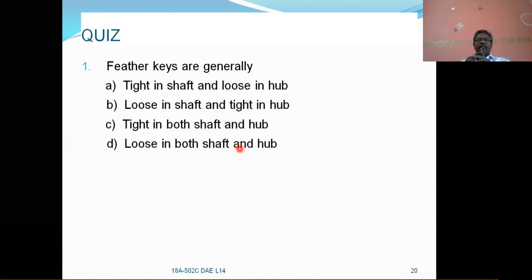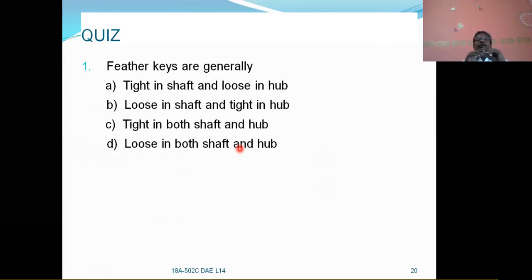Feather keys, we also call them parallel keys, and these have four types as we have discussed so far. This provides relative axial movement whenever we require axial movement.